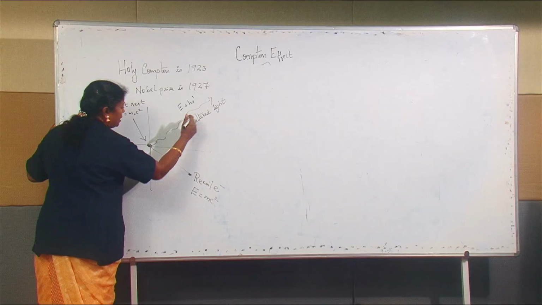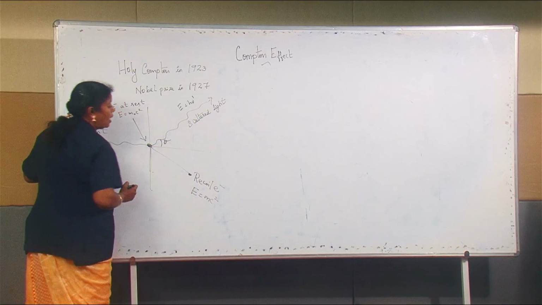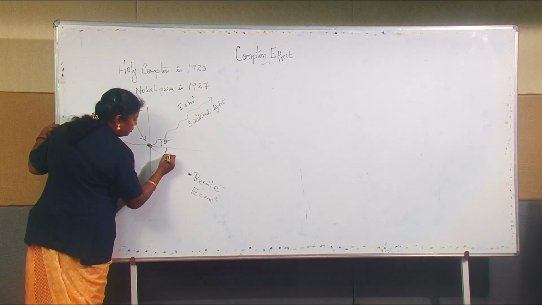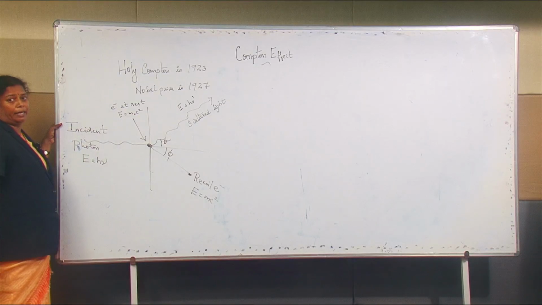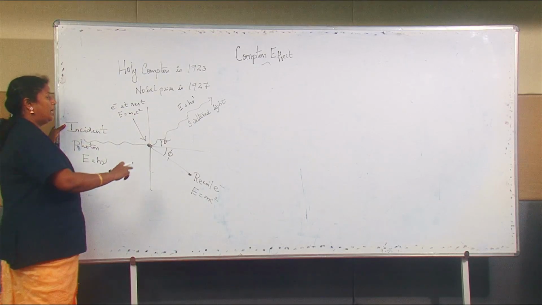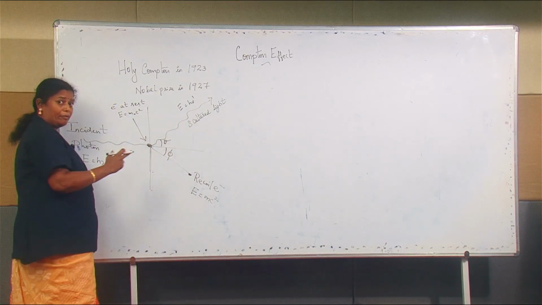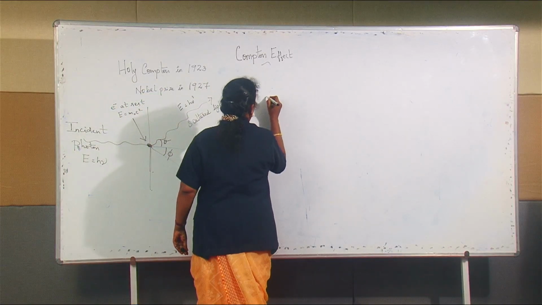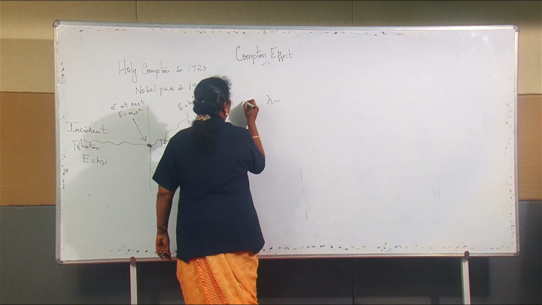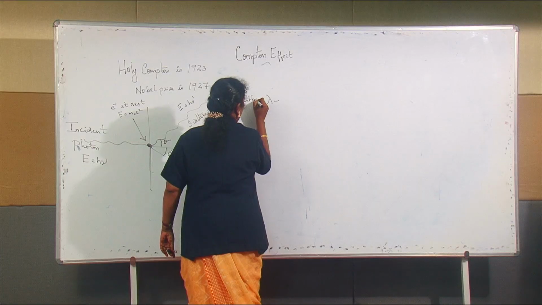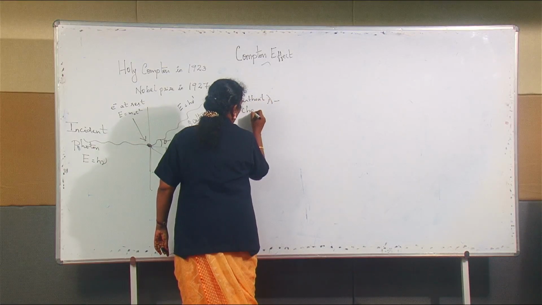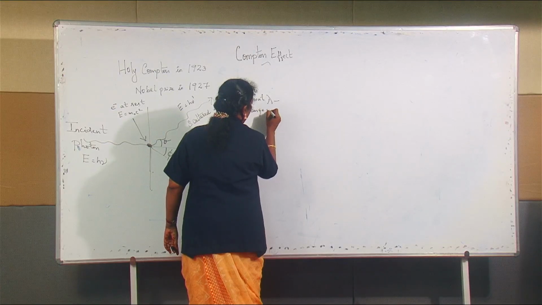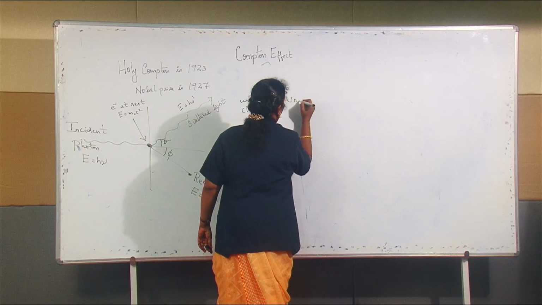The photon is scattered at the angle theta, and the electron moves at the angle phi. These are the basic concepts. Some of the rays have the same wavelength, without change in wavelength, and they are called unmodified radiation.